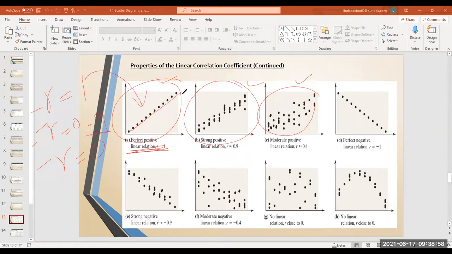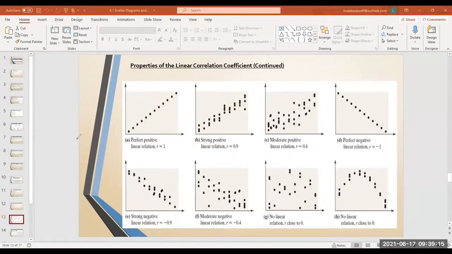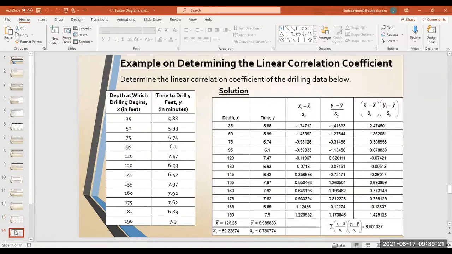Since this is 0.9, you see that it has a strong correlation. Match this with this, and since you see that this is all scattered around, that will be the moderate. So you are just matching the diagrams with the corresponding values which were given to you. So those are some of the questions that you might come across on your homework.